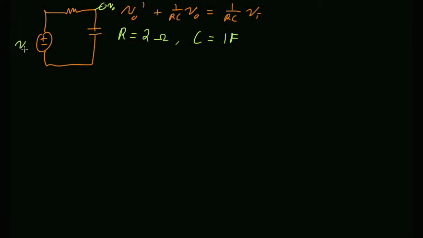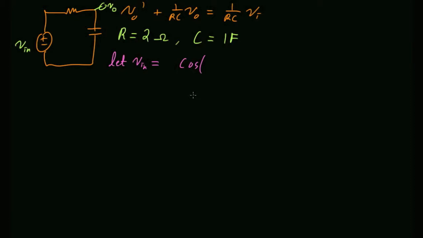Okay, and let's let my input voltage equal cosine of, let's try 2t.